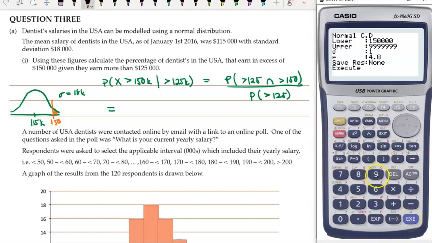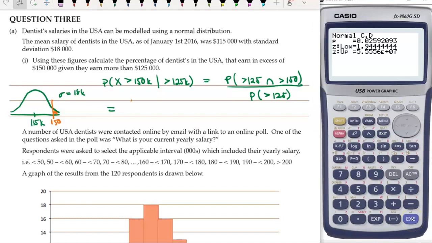Our upper limit is something very, very big. Sigma is 18,000. And the mean is 115,000. So that likelihood is 0.0259.